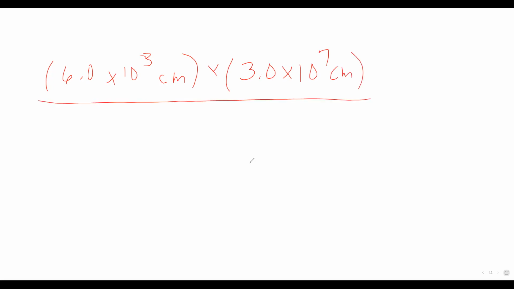Okay, so let's do another simple one. Let's say 6.0 times 10 to the 3rd centimeters. It doesn't matter. Times 3.0 times 10 to the 7th centimeters, divided by another division down here.